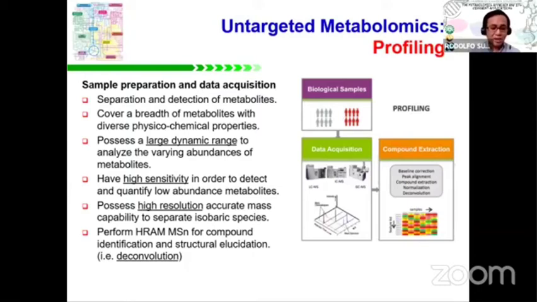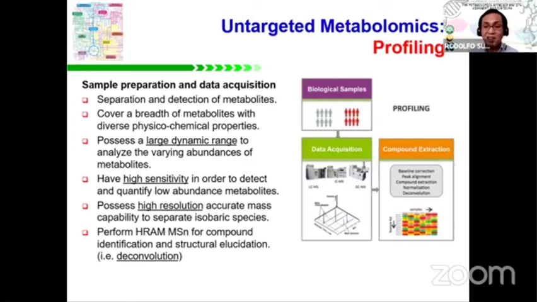And also, you need to consider instruments that possess large dynamic range to analyze the varying abundance of metabolites. Now, this is very important in clinical metabolomics or biomarker discovery because there are low abundance metabolites with very important biological significance, such as signaling or chemical messengers, such as diacylglycerol.